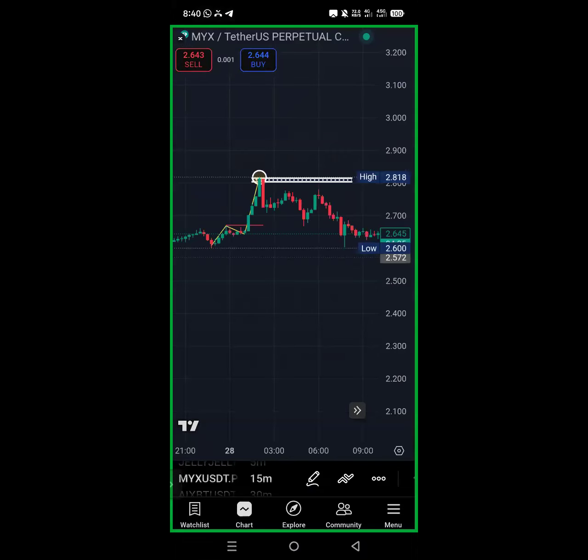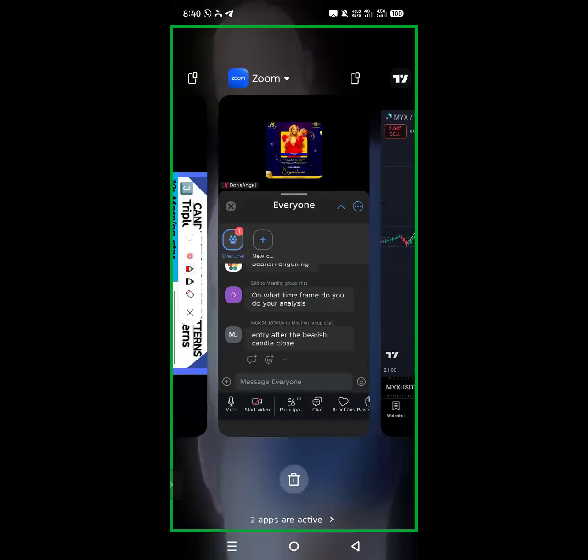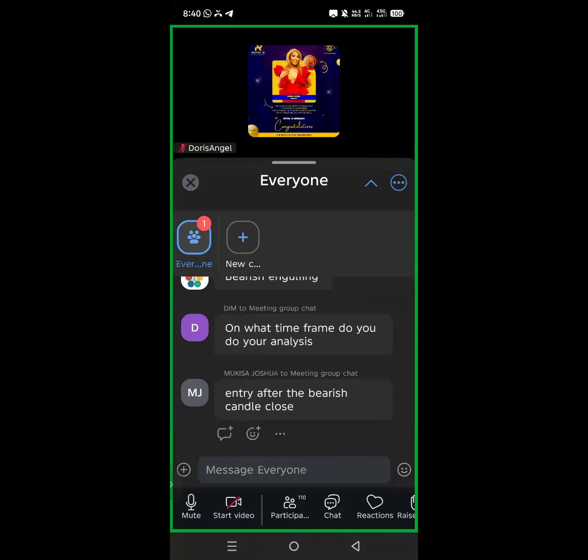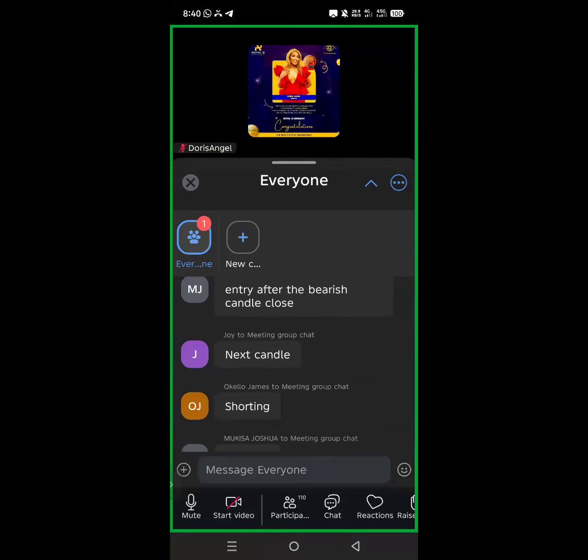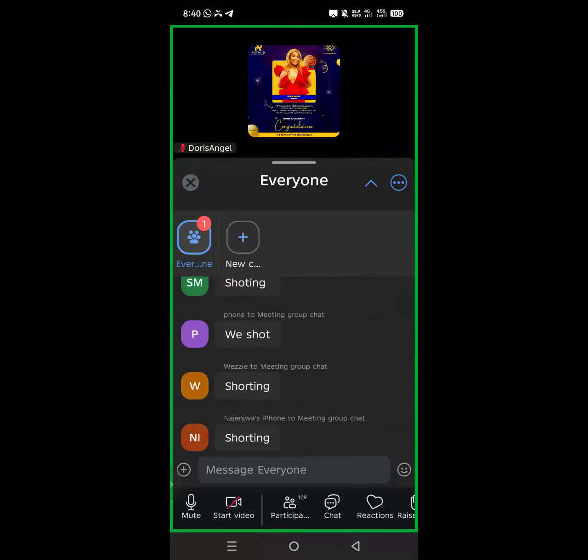We make entry at the next candle open, meaning we wait for that bearish candlestick, which has engulfed the green one, to complete, and then we enter. In this case, are we shorting or longing the market? We are shorting the market, absolutely.